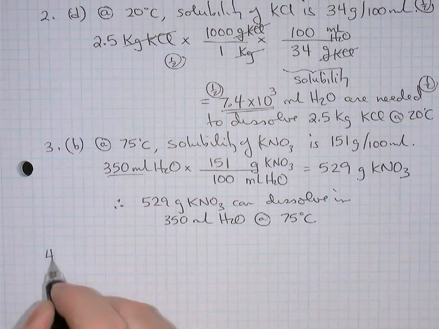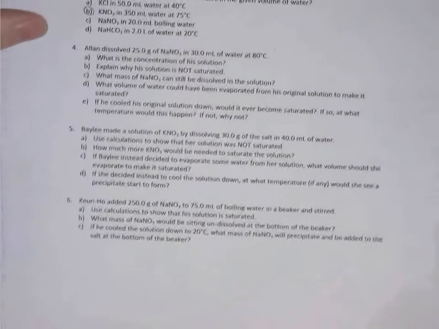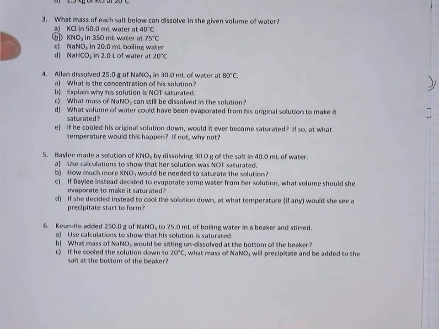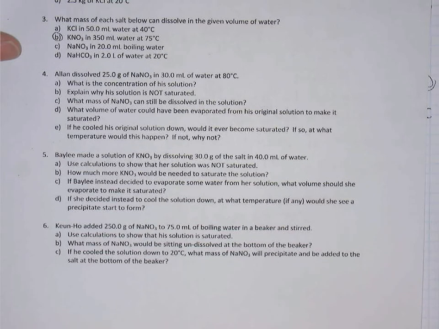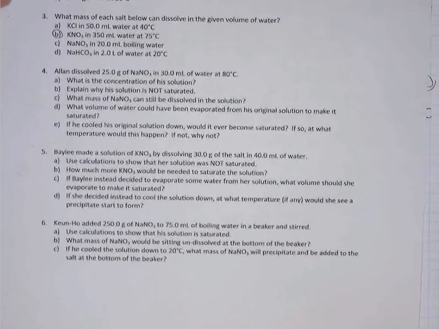Now, question 4. This is where things get a little bit different. Question 4 says, Alan has dissolved 25.0 grams of sodium nitrate, NaNO3, in 30.0 mils of water at 80 degrees Celsius. The first part of the question asks, what's the concentration of the solution?